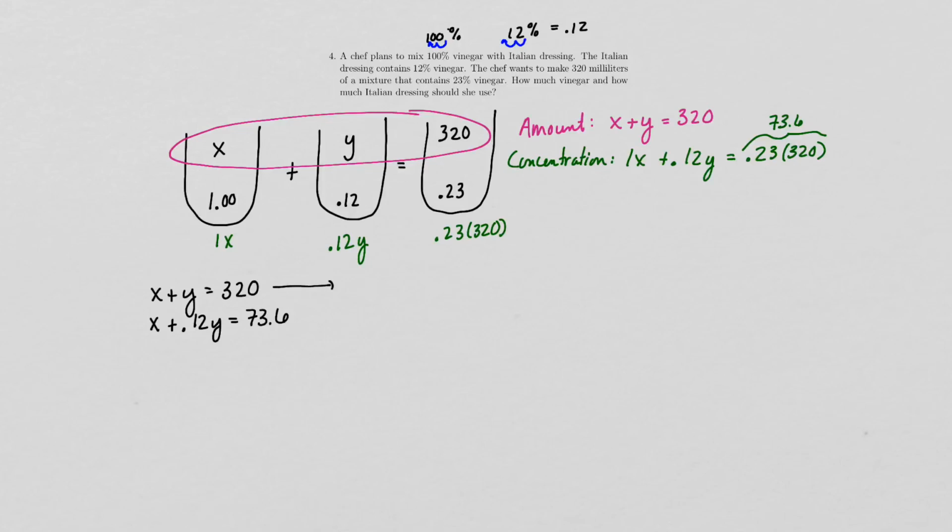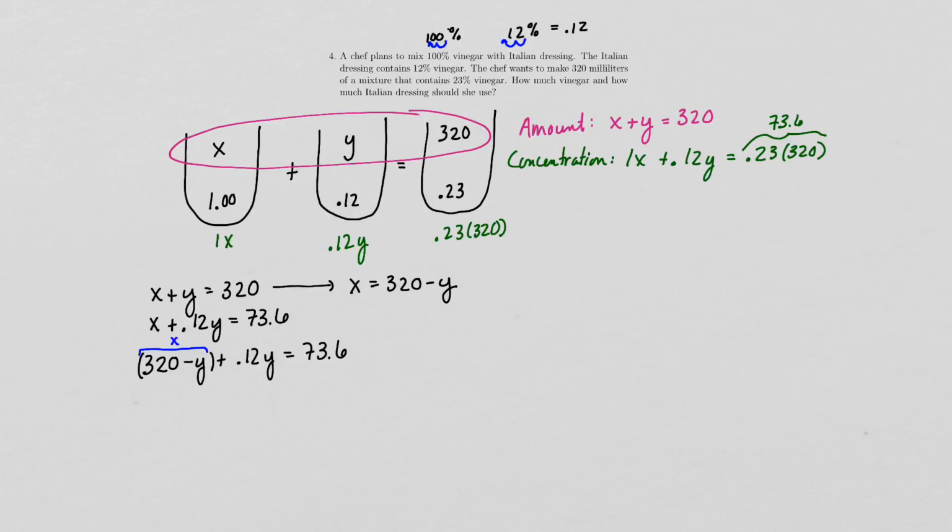And so if we take that first equation and solve it for x, it's going to be 320 minus y. And if I plug that into my second equation, I get 320 minus y plus 0.12y equals 73.6. The reason that's the case is because this part here is x, so I just replaced x with what it was. And I didn't put parentheses around it this time because there wasn't a number in front of the x, but you could definitely put parentheses around it if you wanted to.